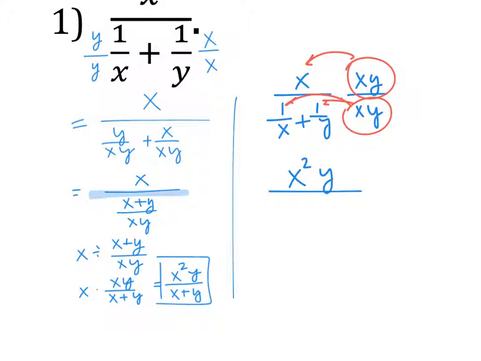Which one will cancel? Okay, Daniel, which part cancels? xy times 1 over x. Yeah. Okay, Allison, what's left over? Y? Good. So y is left over.